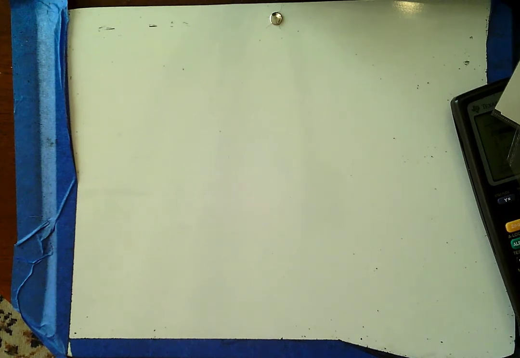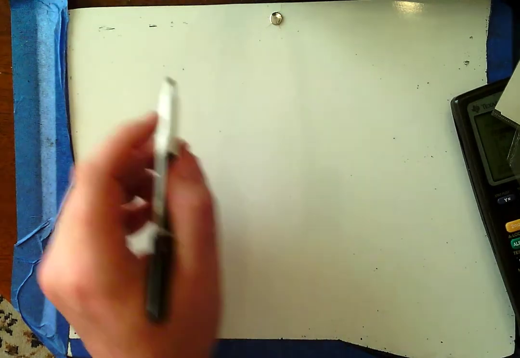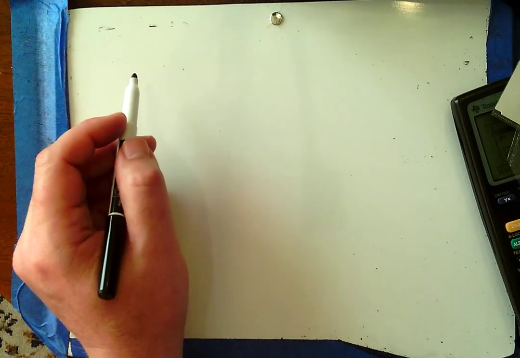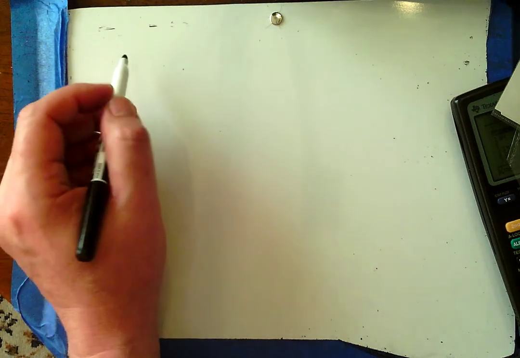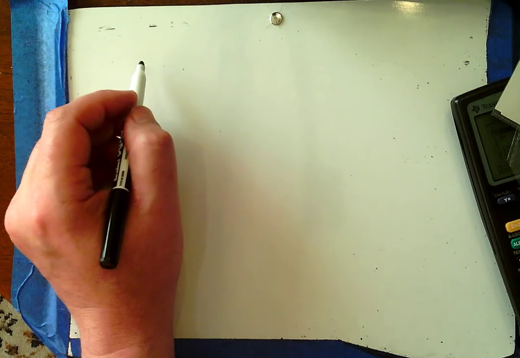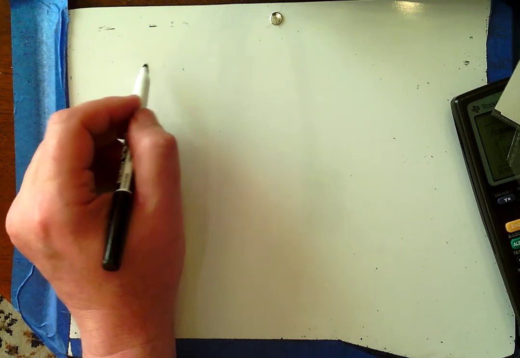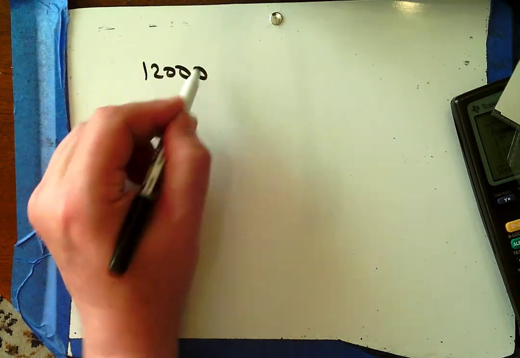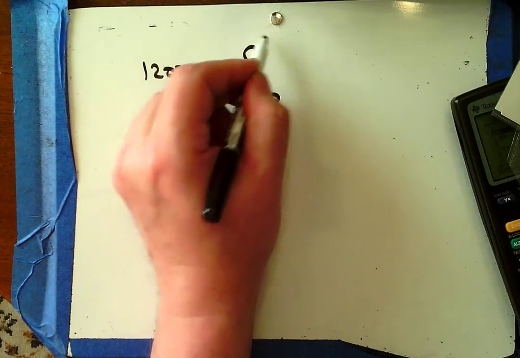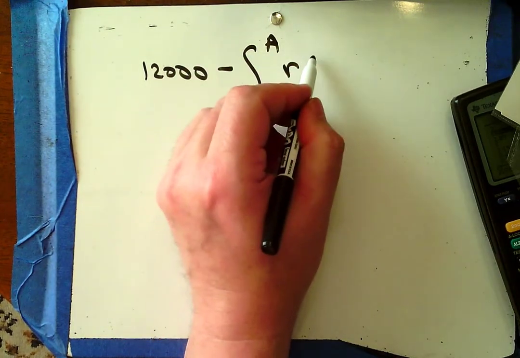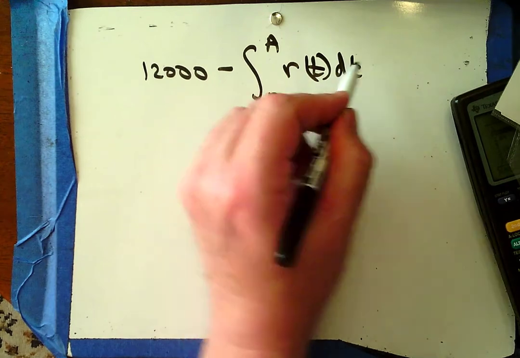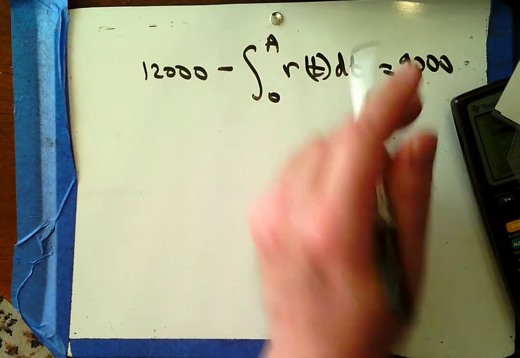Okay, so I want 12,000 minus the integral from 0 to A of R of t dt to equal 9,000.